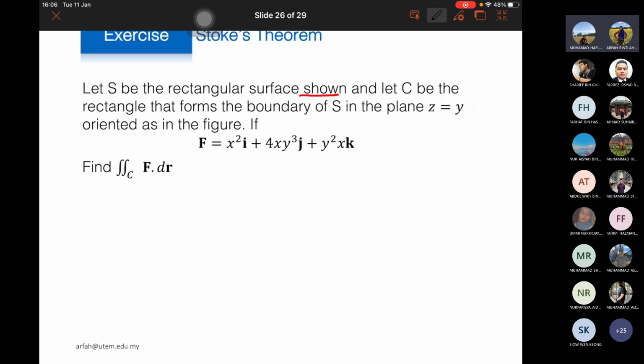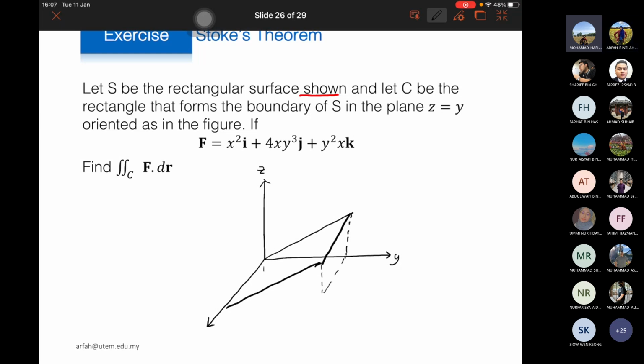So for this one, awak ada dia punya figure is something like this, x, y and also z. Okay, so you have this one dia berbentuk ibarat cake. It will be something like this. Okay.